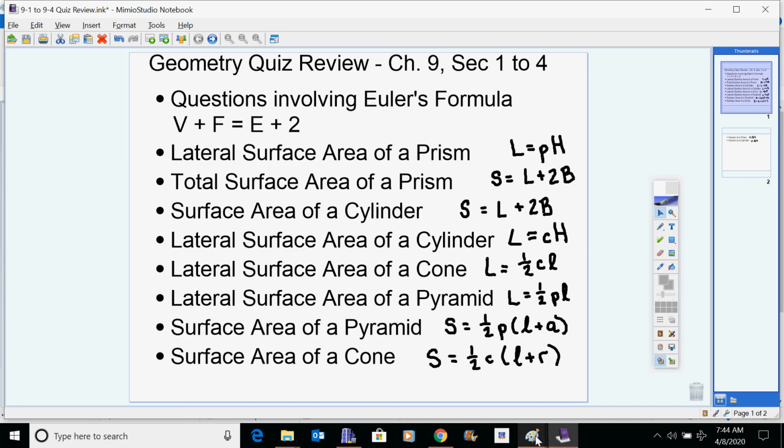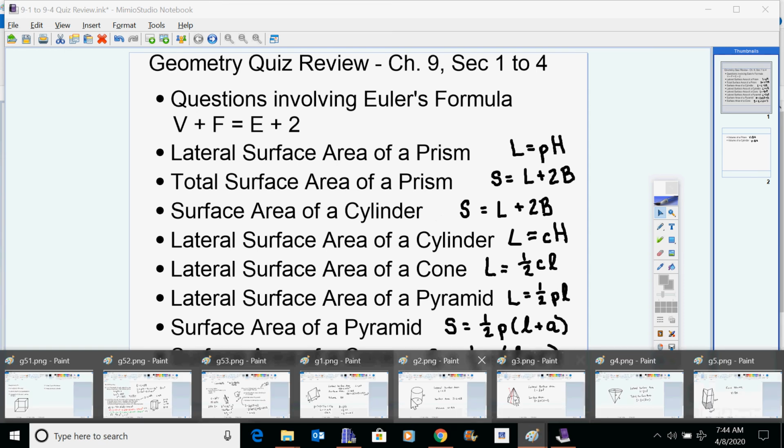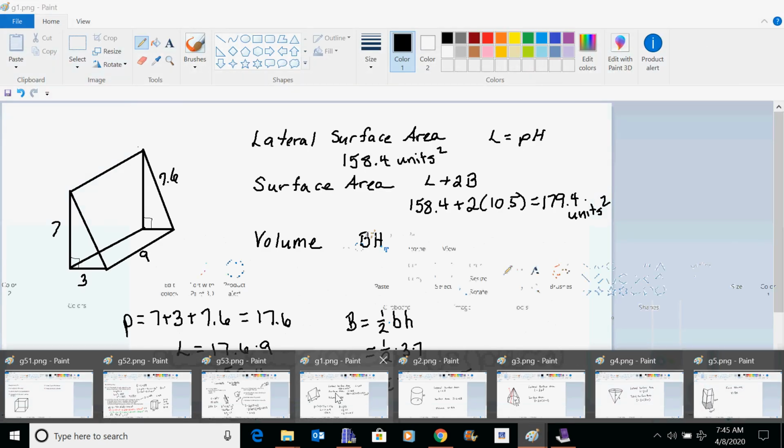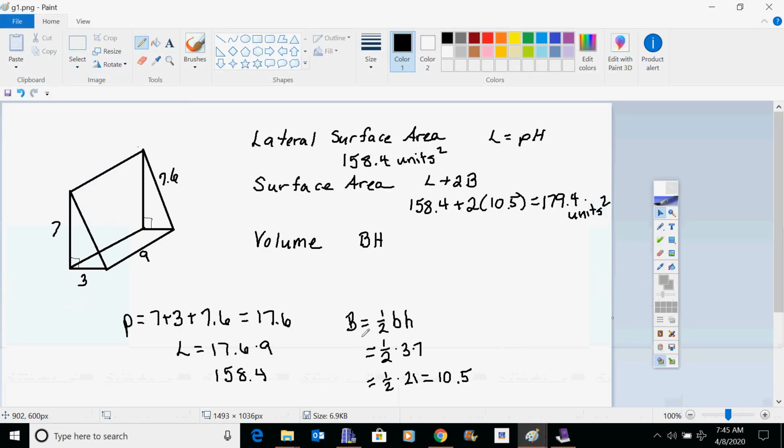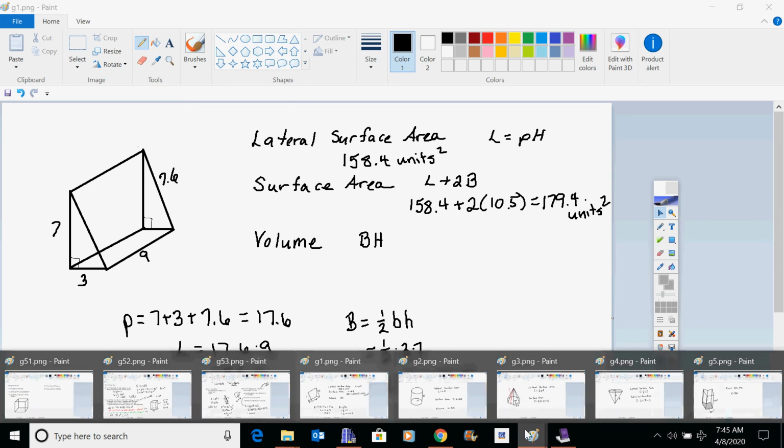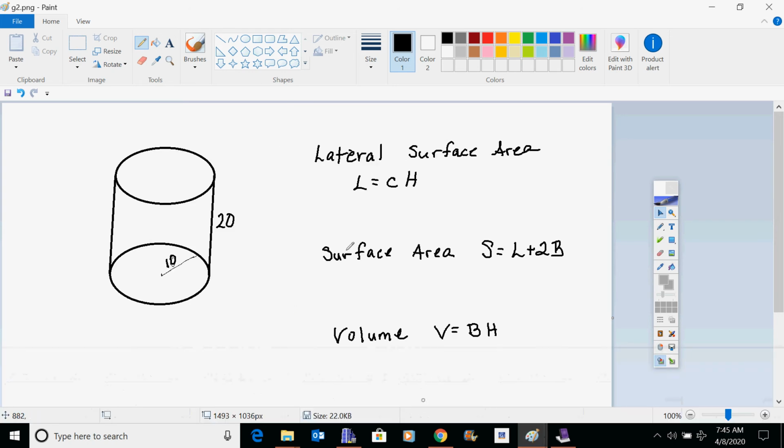And another thing to think about, and I'll tell you that this really is a thing, if you had a prism or if you had a cylinder and it says you just want to paint the sides and the top, you wouldn't add in 2 bases, then you would just add in the 1 base and the lateral surface area. So keep that in mind, because there is definitely a thing in there that you would think about like that.